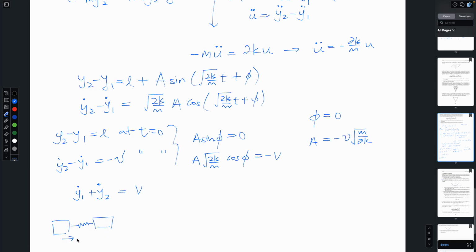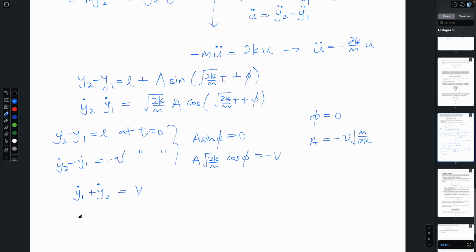So we know that the initial condition is that this was at v, this was at 0, so the total momentum is v. So at any subsequent point in time, the total momentum must be equal to mv. Okay, so that's how we get y1 dot plus y2 dot equals v, because after the first collision and before the second collision, there is conservation of momentum.